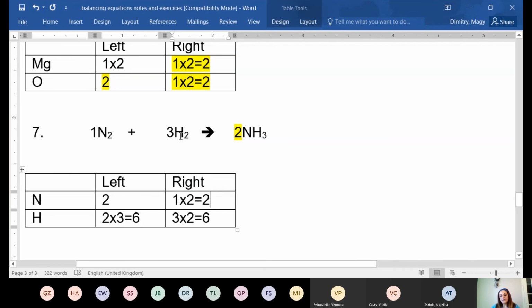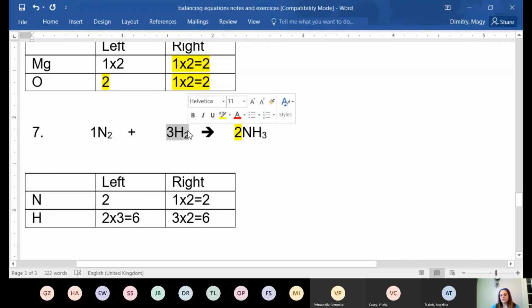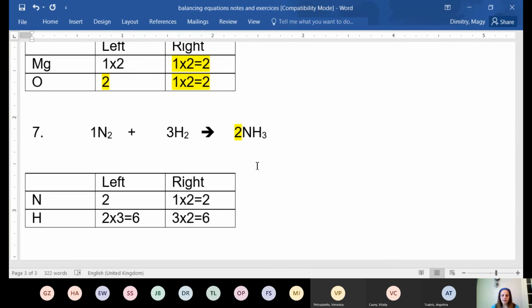I think that the issue here was to find the lowest common multiplier. I forget the terminology in math. Lowest common multiplier is 6. Lowest common multiplier or denominator, I'm not sure.